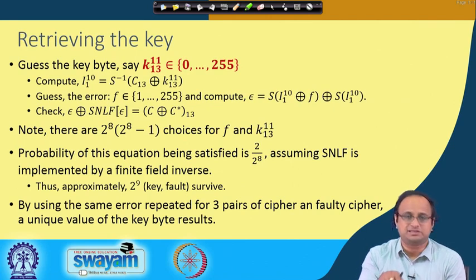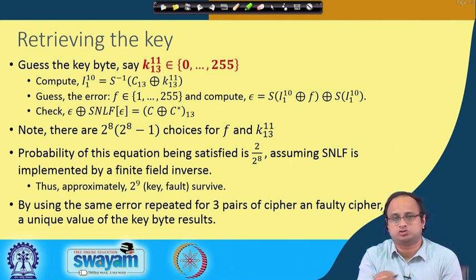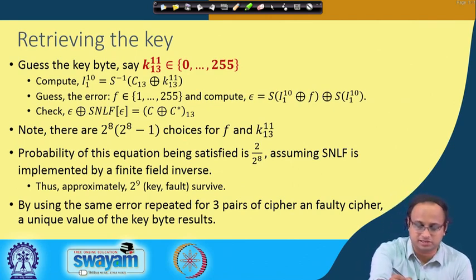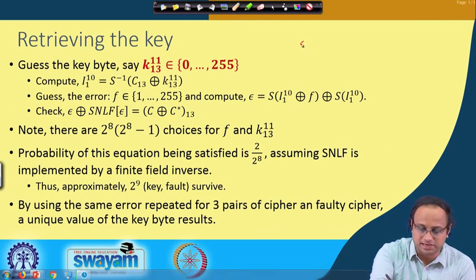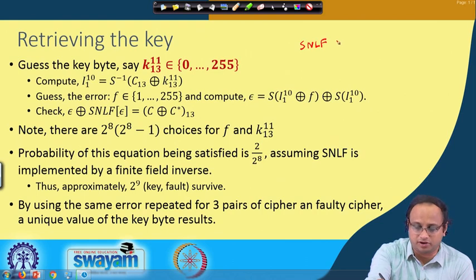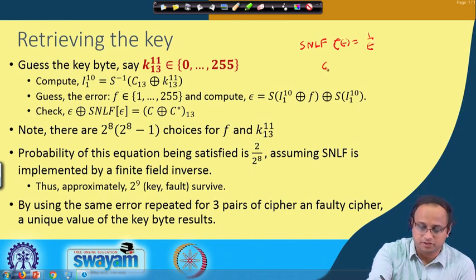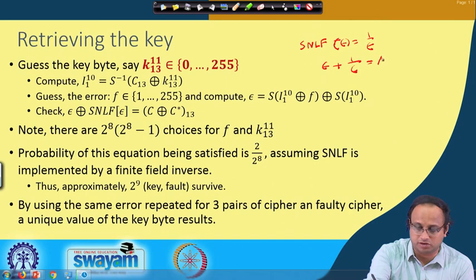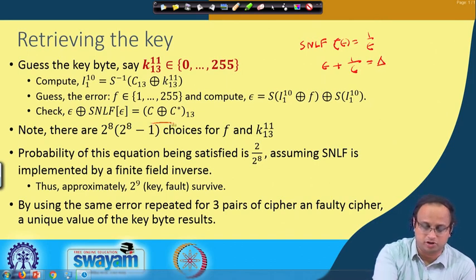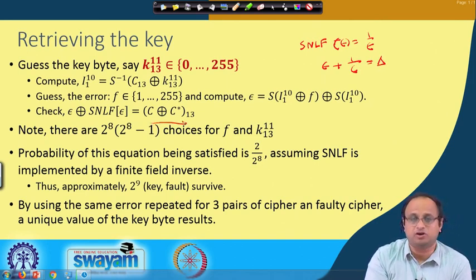That means if epsilon satisfies the equation, then 1 by epsilon also satisfies it. Similar things can be observed for other nonlinear functions. So if your S NLF epsilon is nothing but 1 by epsilon, the finite field inverse, then the equation is epsilon plus 1 by epsilon equal to some constant value, because this value is already observed from the ciphertext and from the faulty ciphertext.